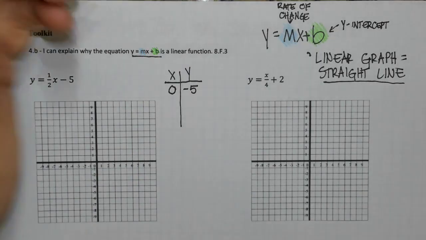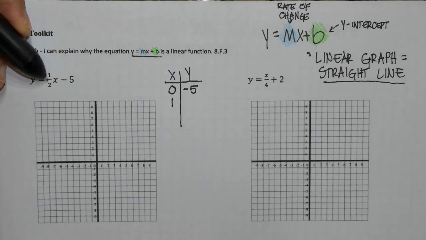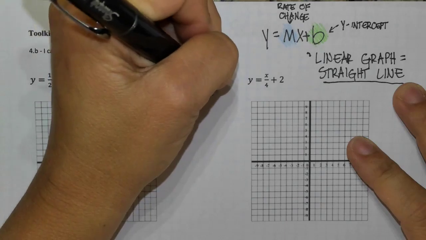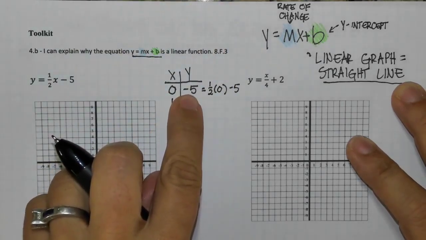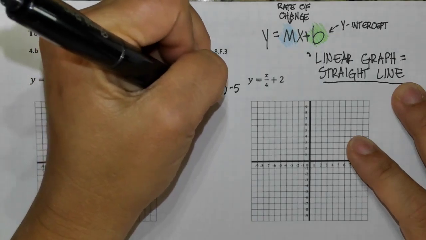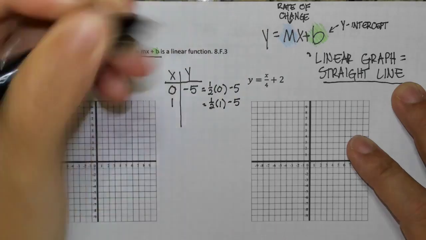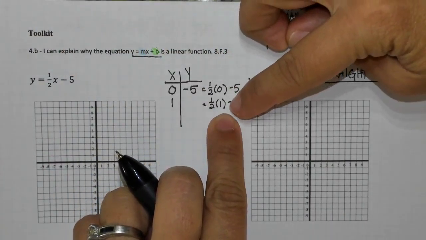And then as I find another value, let me do 1. Y equals 1/2 times 1. So let me write this out. This was 1/2 times 0 minus 5, and that equals negative 5. This is 1/2 times 1 minus 5, because x has been replaced with 0, and now with 1.